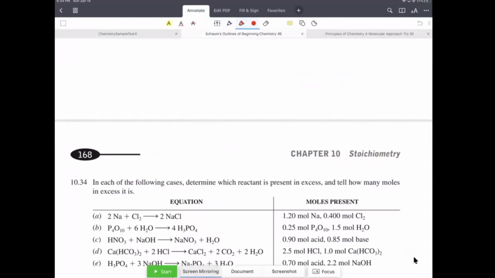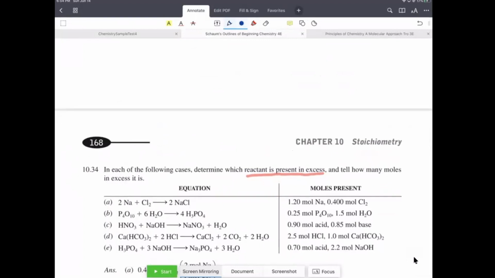So it's asking determine which reactant is present in excess and tell how many moles in excess it is. So do you think you can do something like that? All right, so to find the limiting reactant, what should we divide the number of moles by?